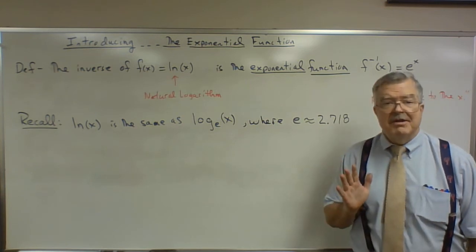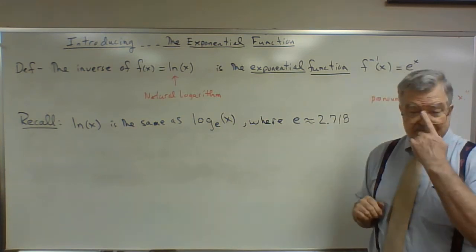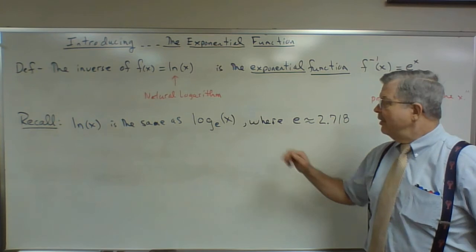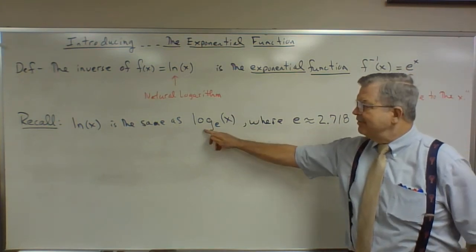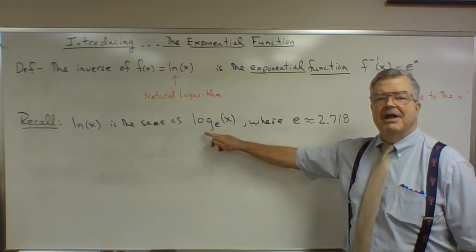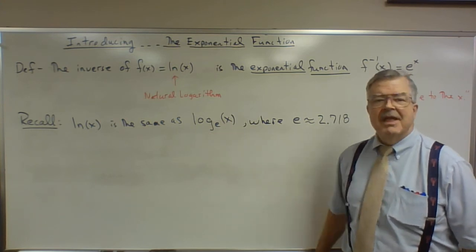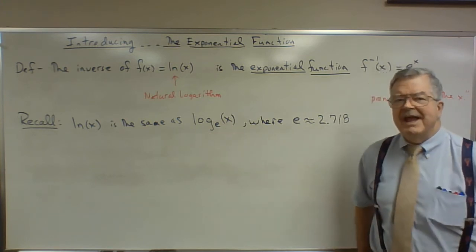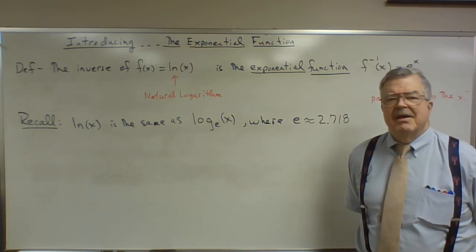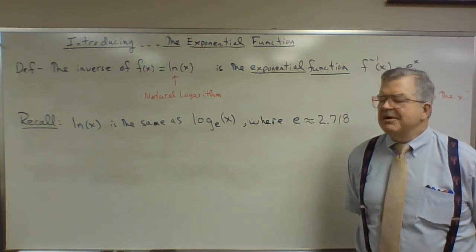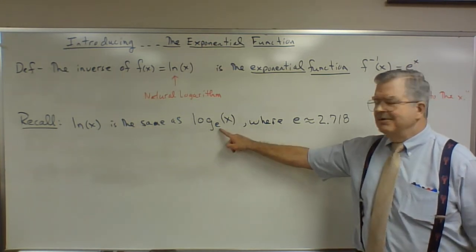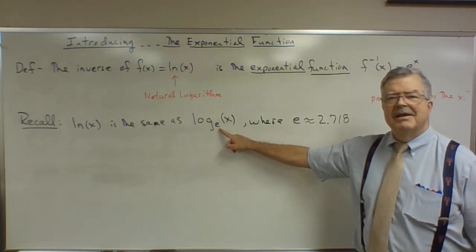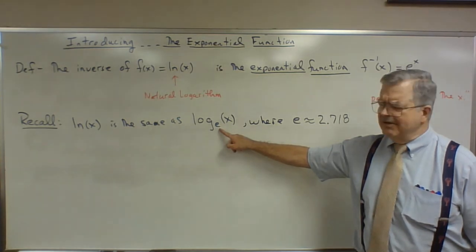And if you had me for Calculus 1, I told you what e was. I told you what the natural logarithm of x was. It's logarithm base e of x. And I told you that in Cal 2, we'd come across a justification for why we do something as asinine as this.